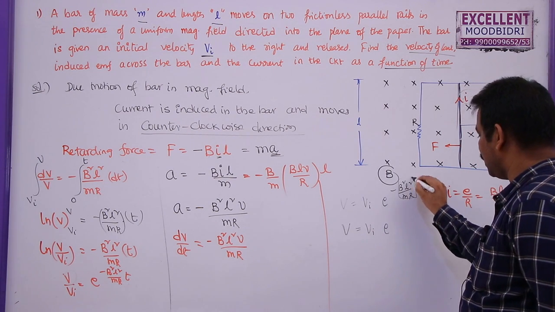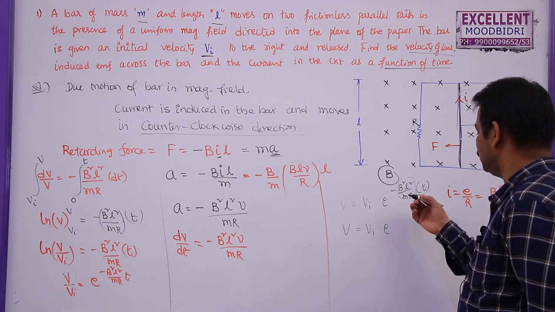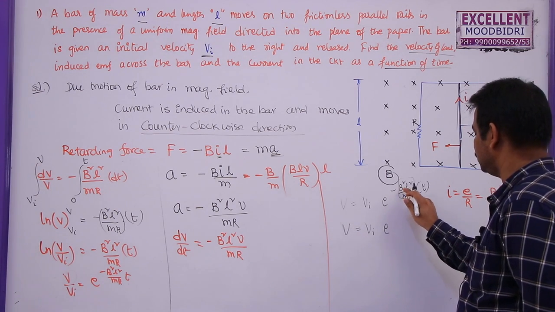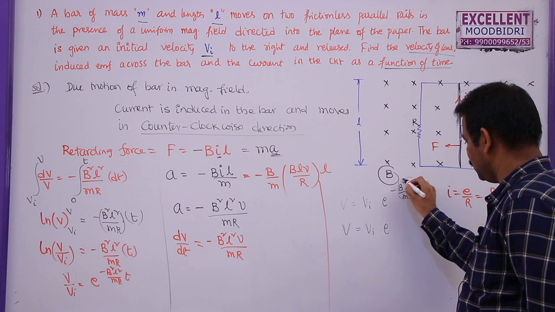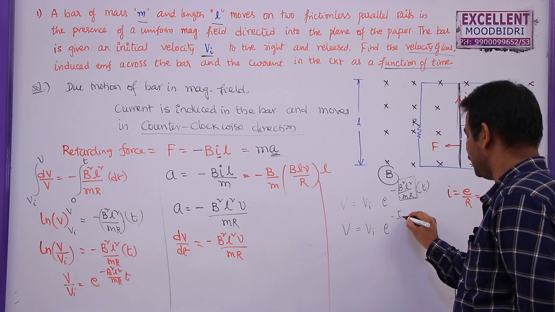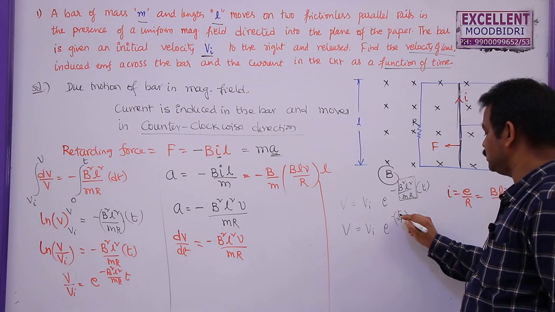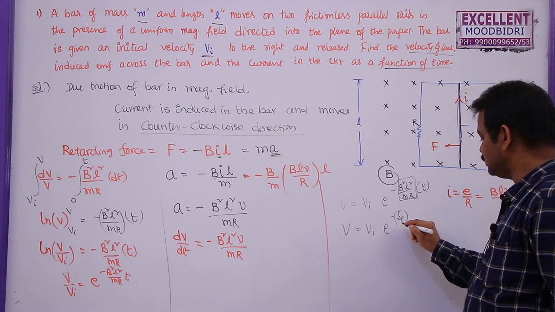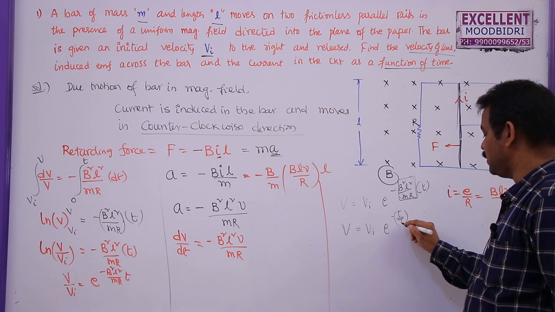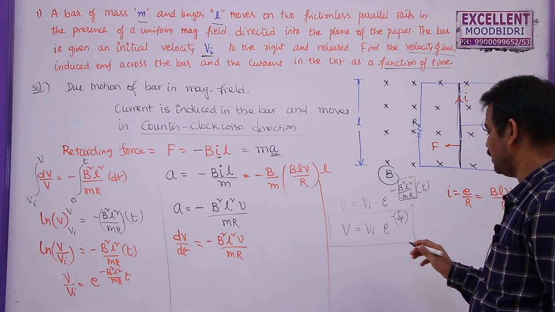Let us say this is a constant, you can represent this with any value, either with capital T, small t, or whatever may be. Generally it is a time only, because the dimensional formula for this one will become time. That's why I am writing minus t by tau, so this is 1 by time. Or you can represent this as minus t by x, minus t by y, minus t by any constant here, but this is the velocity as a function of time.